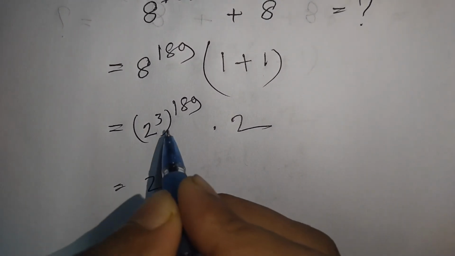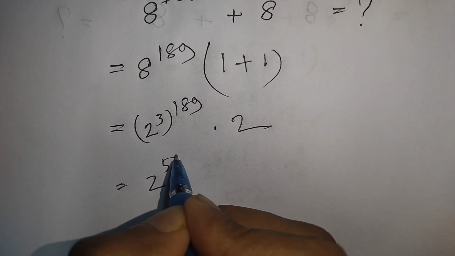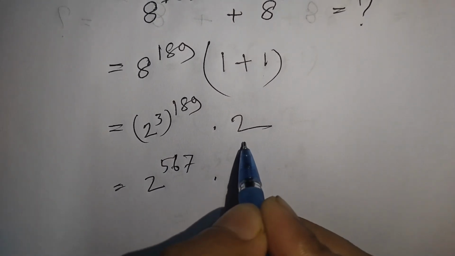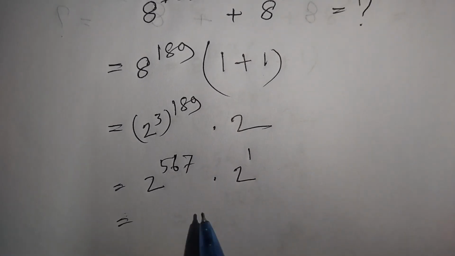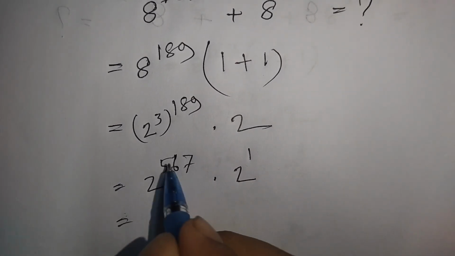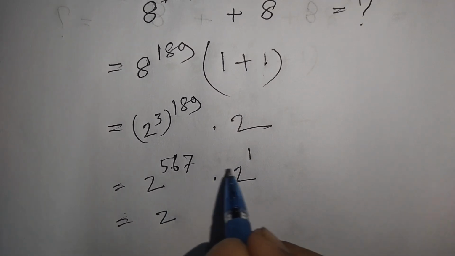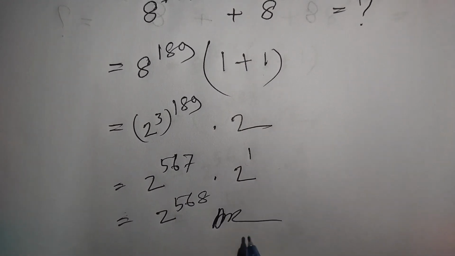Now 2 to the power 3 times 189, that means 567, times 2 is the same as 2 to the power 1. Now we see that 2 has the same base but different power, so we can write here 2 to the power 567 plus 1, that means 568. So 2 to the power 568 is the correct answer.